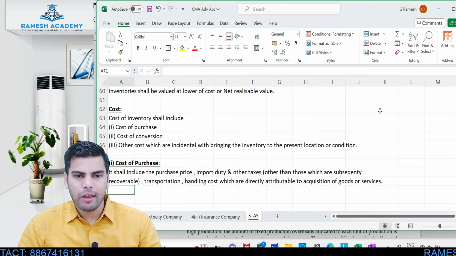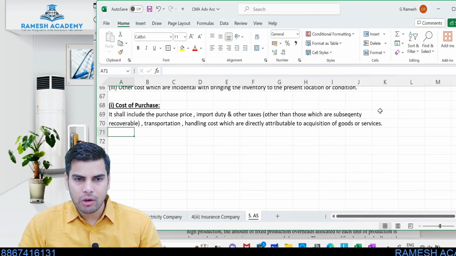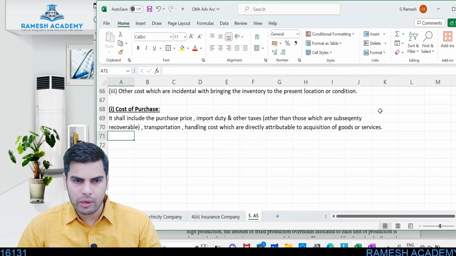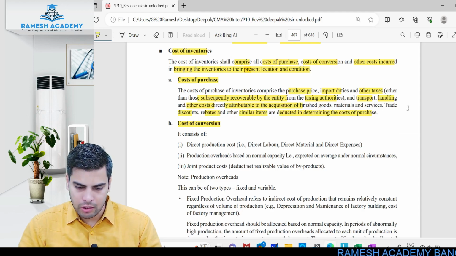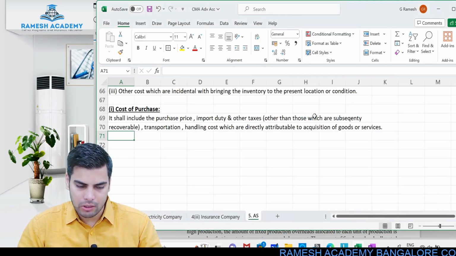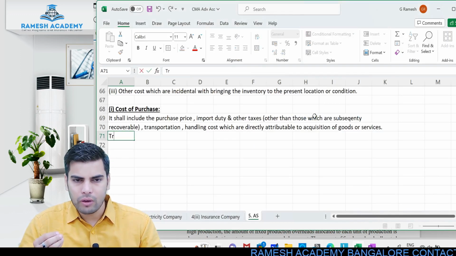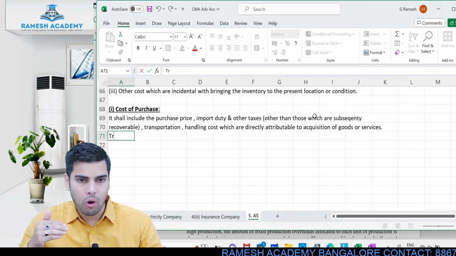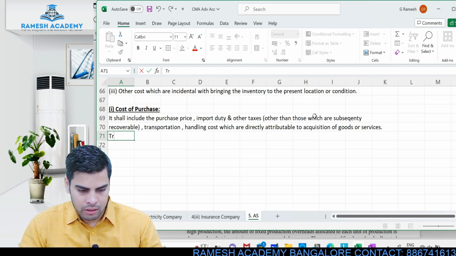Clear? In the same way, if there is any trade discount, rebates and other benefits, we will just deduct them. Look at this: trade discount, rebates and other similar items are deducted while determining the cost of purchase. Even if you see this particular invoice, don't you think all the discount and rebate will be deducted? Same point.